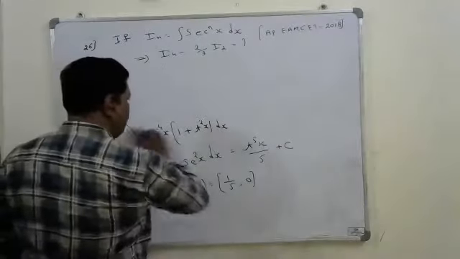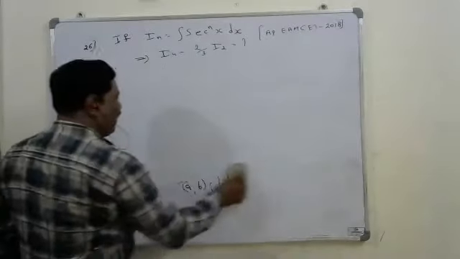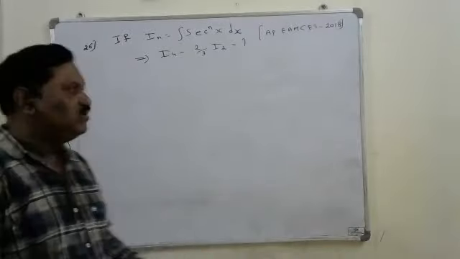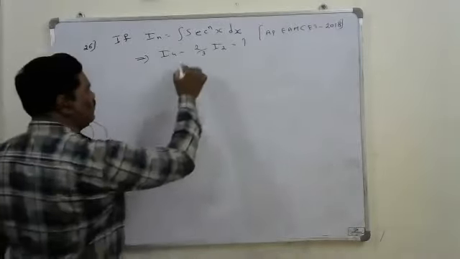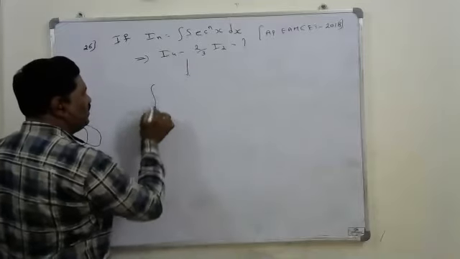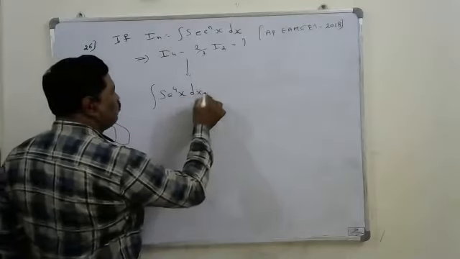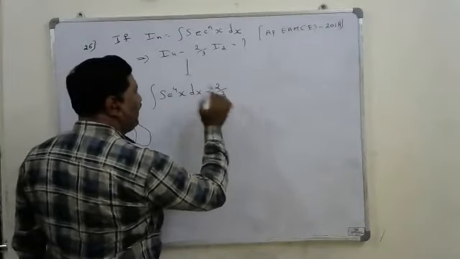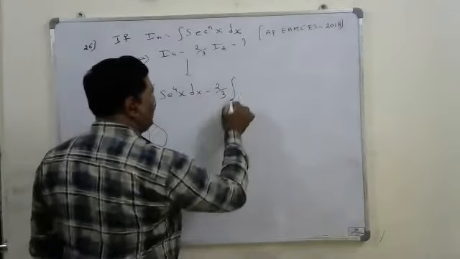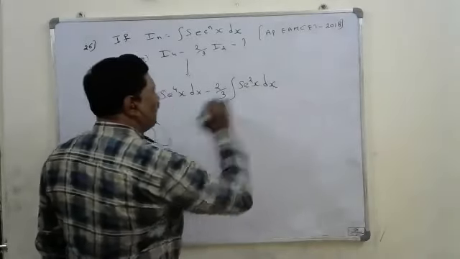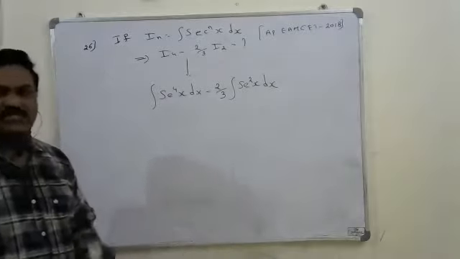This is also the same model where In is given as integral secant power nx dx. Now substitute that here. I4 means integral secant power 4x dx minus 2 by 3 into I2. I2 means integral secant square x dx.